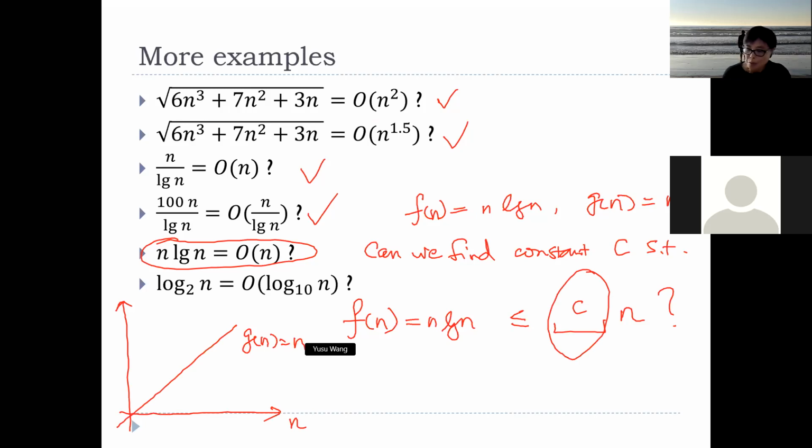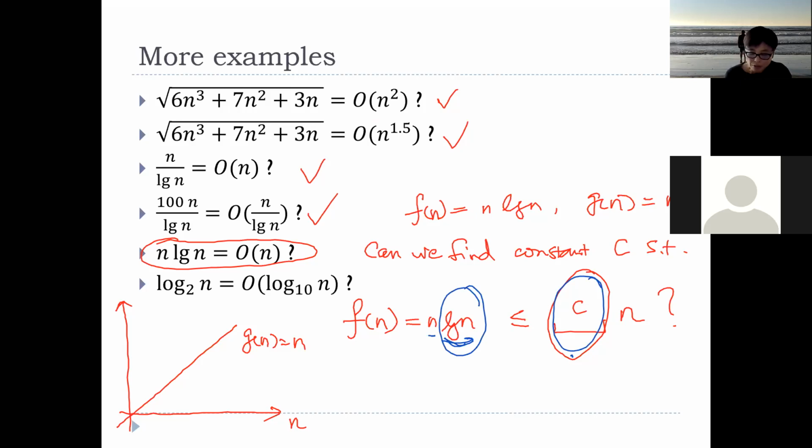Well, what we notice is that as n grows bigger, the difference between f of n and g of n is actually this factor log n. But log n itself is an increasing function that goes to infinity as n gets bigger and bigger, which means that you can never find a fixed constant c to be bigger than log n, because log n itself grows to infinity as n becomes bigger.